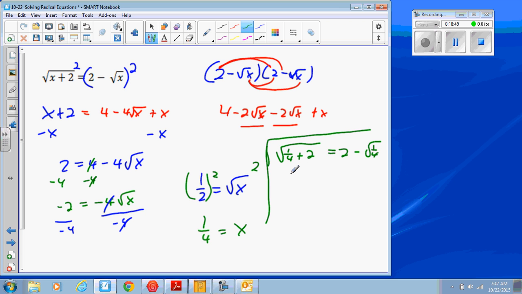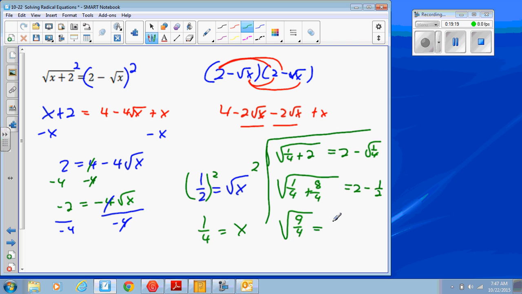And while we're not comfortable always with fractions, they're part of our lives, we need to figure that out. So 2 plus 1/4, I'm going to do that in fraction form. That's going to be 1/4 plus, to make this denominator 4, that would be 8/4. And that's going to be 2 minus 1/2, because the square root of 1/4 is 1/2. So these two fractions add together to be the square root of 9/4 equals 2.